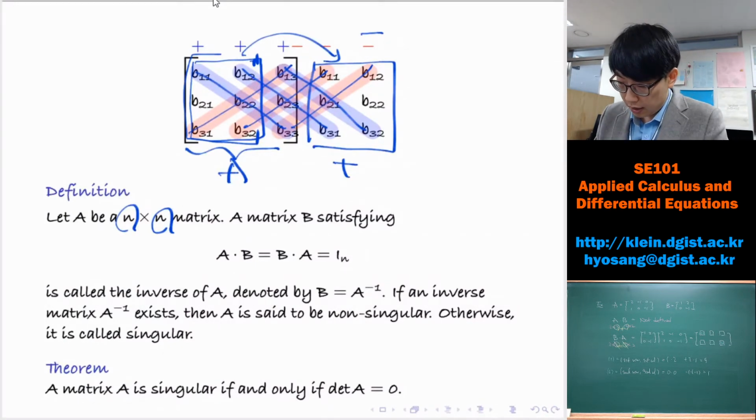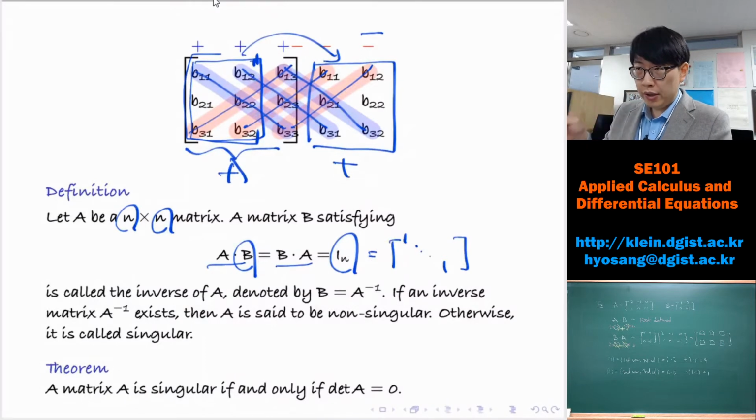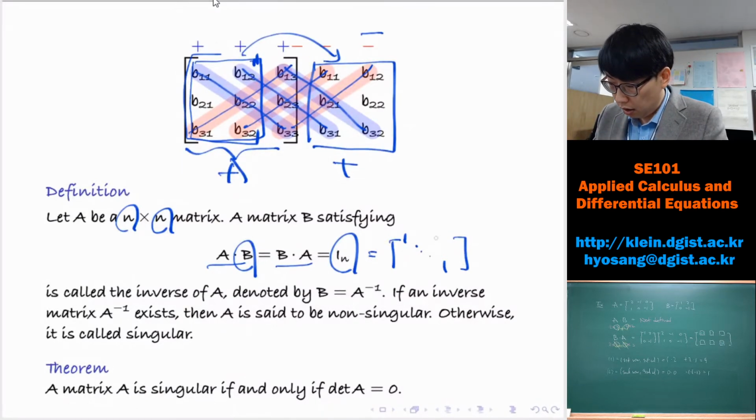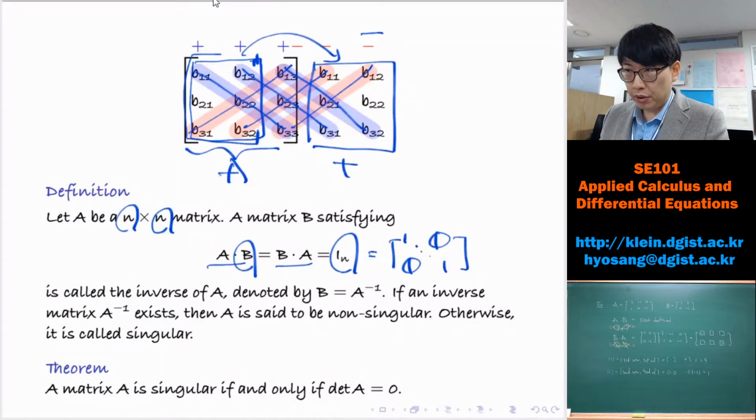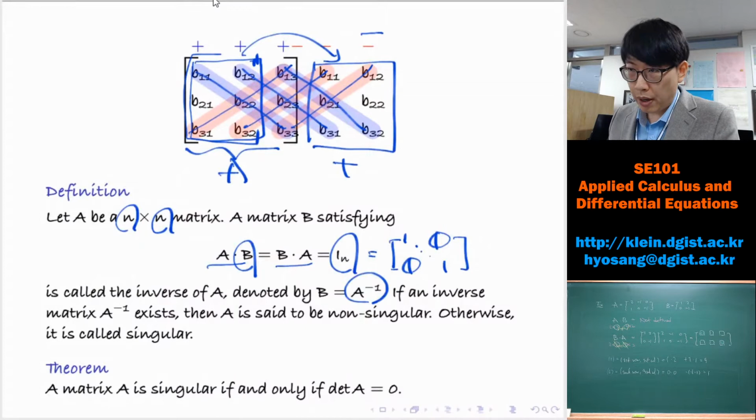If you have a matrix B such that A times B or B times A is the identity matrix, which is a matrix of special form where there are only ones on the diagonal and all the off-diagonal entries are 0, then this B is called the inverse of A and is denoted by A to the negative 1.